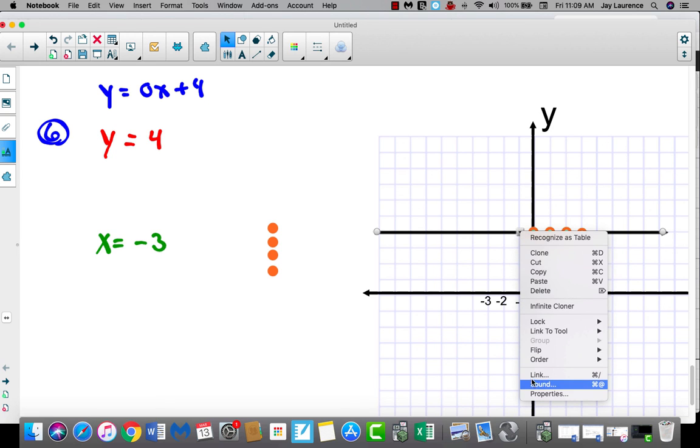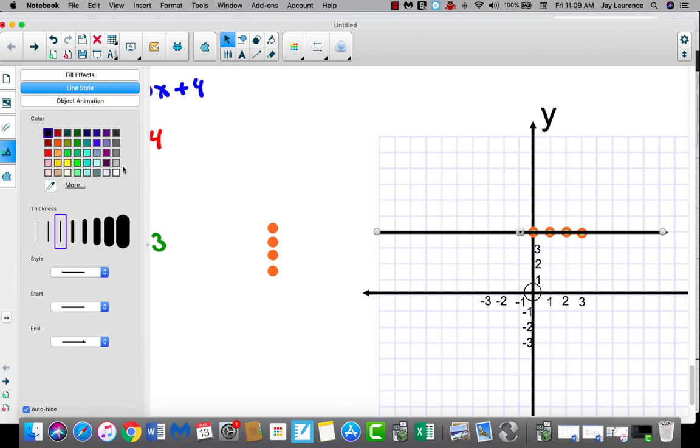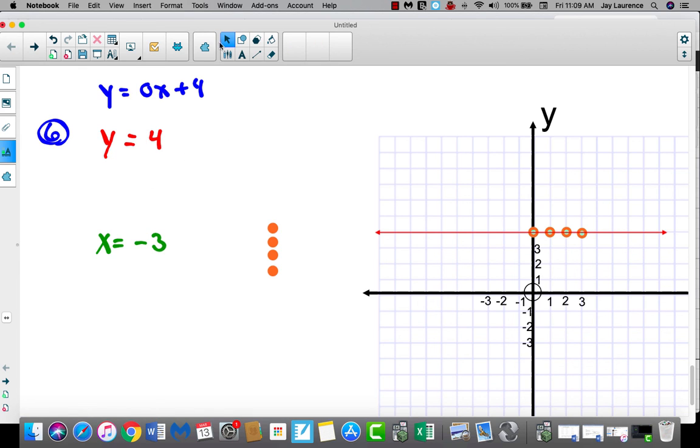Again, if you haven't tried the green one, go ahead and try it. Now, the green one is not in slope intercept form. Mr. Lawrence's students know that a vertical line has no slope, and it usually doesn't have a y-intercept unless it's the y-axis, in which case the y-intercept is the entire line.